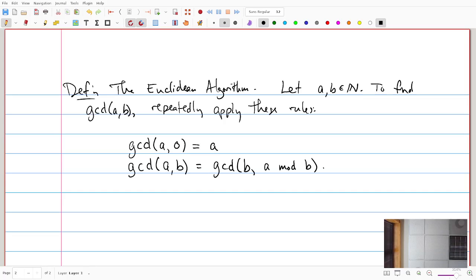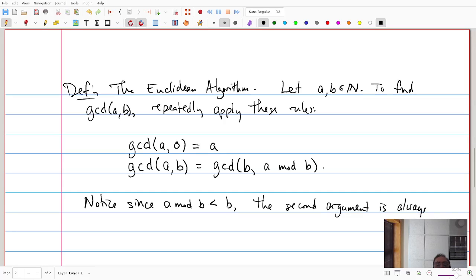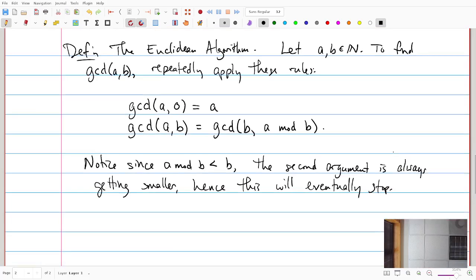Just say, notice, this actually looks a lot like the way you might define a function in Disco.